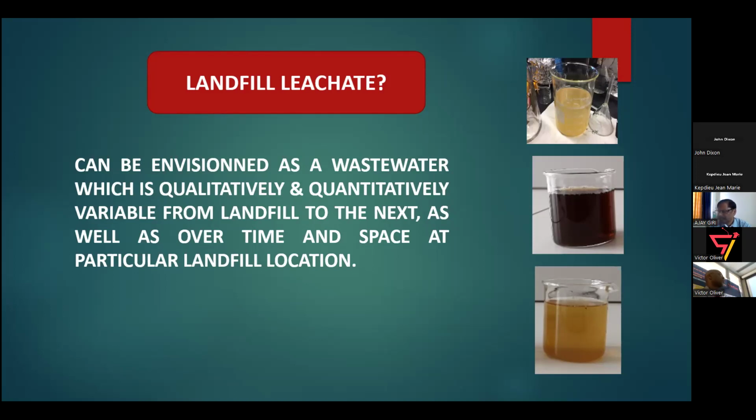As you can see, the color is different, and this one here is also a little bit different. The reason for that is that the decomposition taking place in the cell is both aerobic and anaerobic. Therefore, the constituents will change over time because of the dynamics occurring, so we can call it a bioreactor.